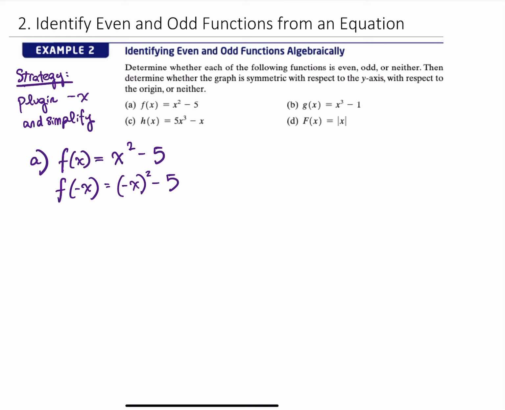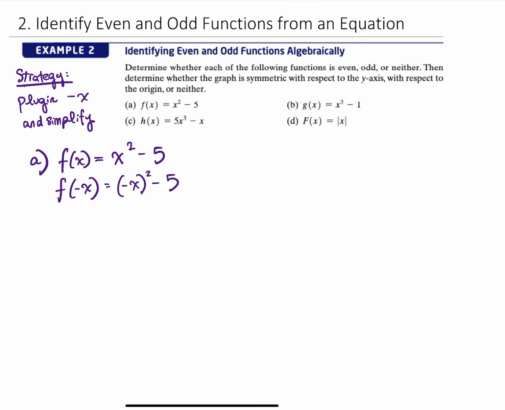And when I say simplify, it's usually working with these powers to see if the power essentially deletes the negative or if the negative will persist. And in general, even powers will delete out the negative. And notice this will generally associate with even functions. So there is something to that there.